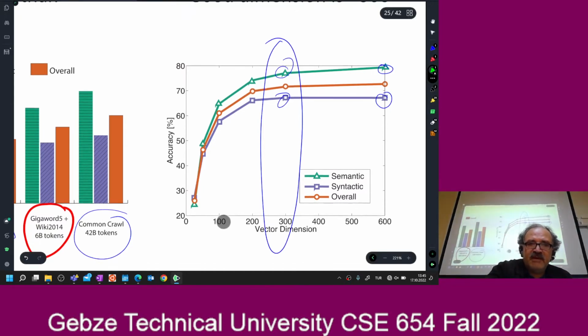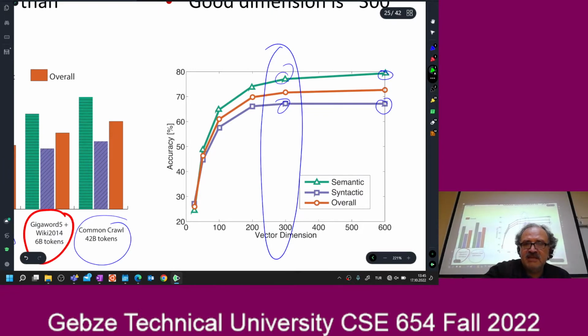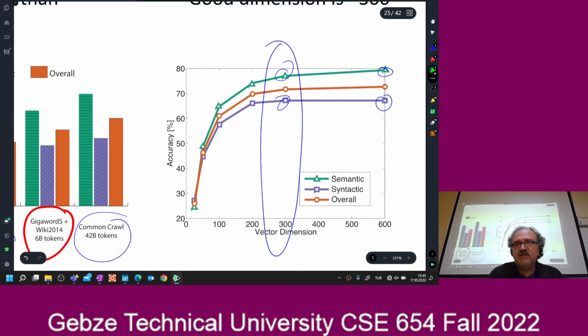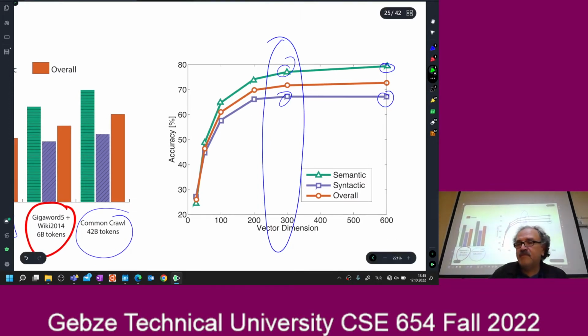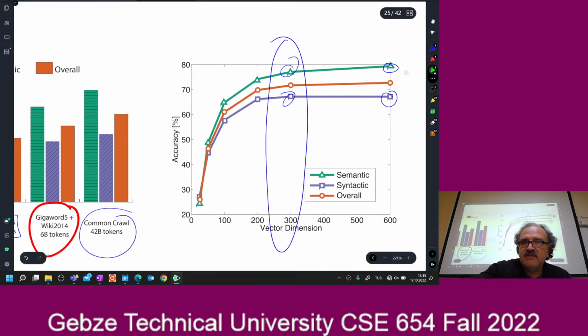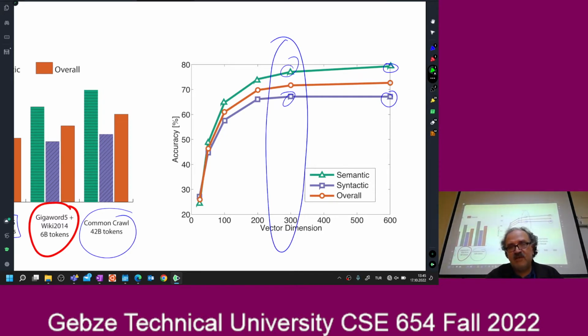For 100 dimensions, it is around 60%. For 300 dimensions, for the semantic case, it is around 80%. If I keep increasing dimensions, that's lots of data, I am not gaining much, right? So looking at this picture, it looks like 300-dimensional vectors for this kind of data is good enough.